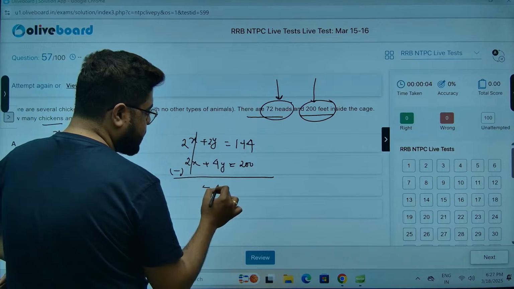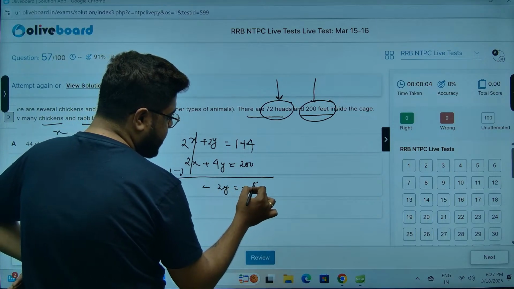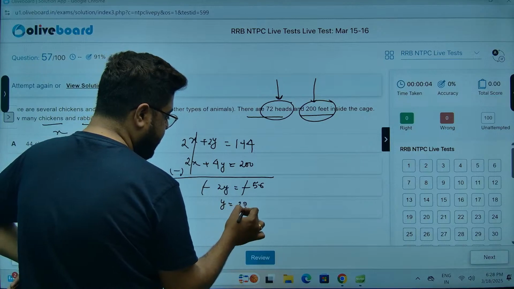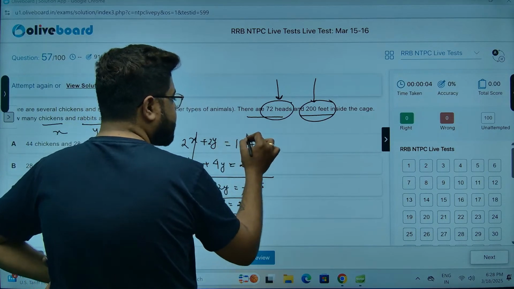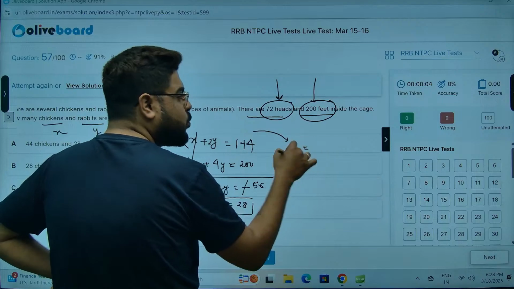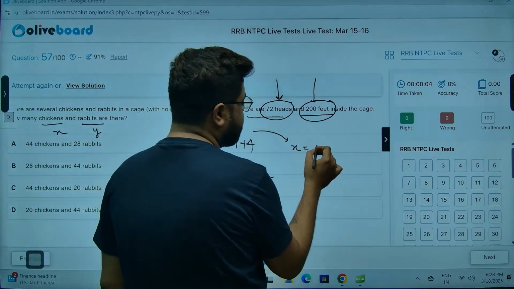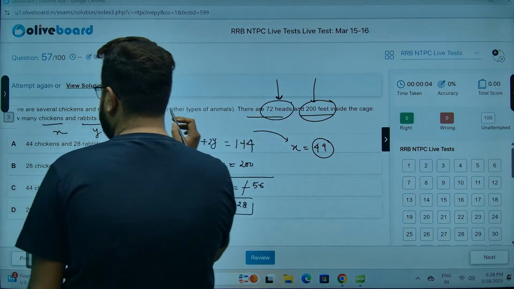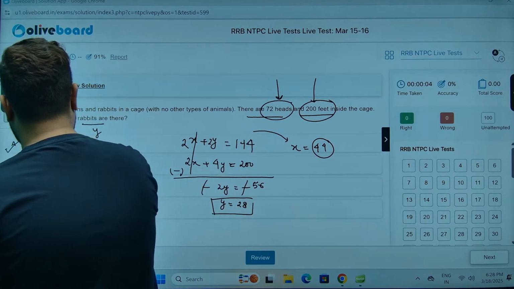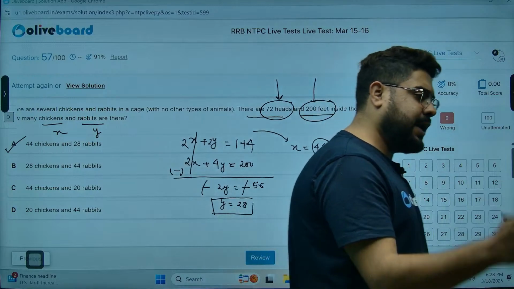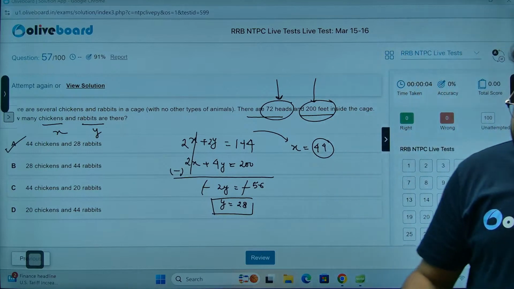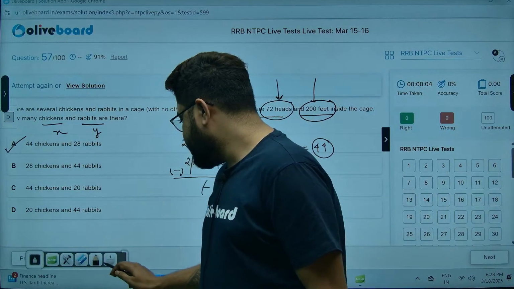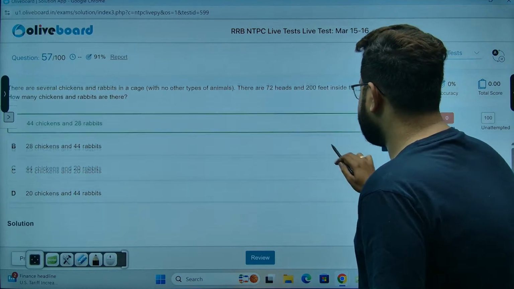This has gone minus 2y, equal to minus 56, I guess, right? So y is 28. So x will be 72 minus 28. 72 minus 30 is how much? 42, right? So 44. 44 chickens and 28 rabbits is option A. Again, you can do this question using alligation as well. Moving on. This was your correct option.